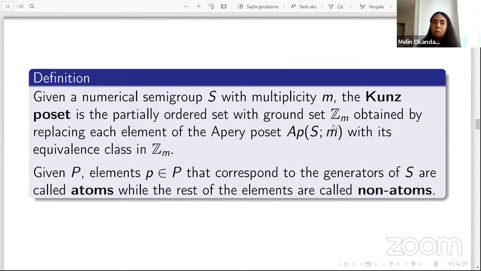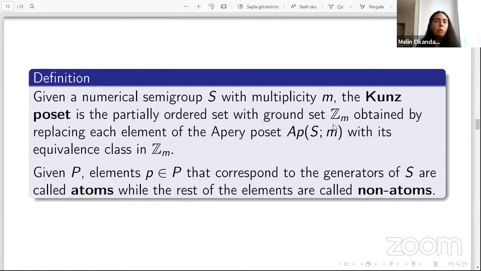As I said before, the a priori poset consists of the elements which correspond in a certain way to equivalence classes. The Kunz poset is just doing the replacement. I am replacing each element in the a priori poset with its equivalence class. This is what I'm doing actually, and this is leading to a more general thing.